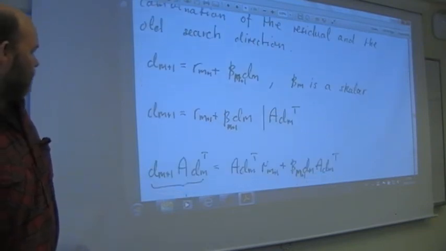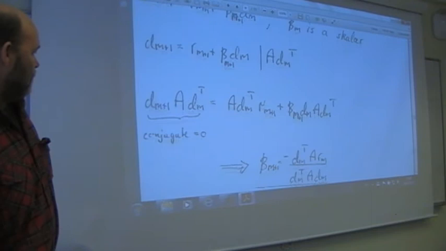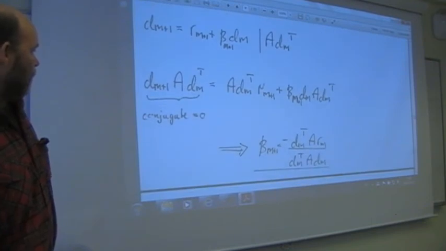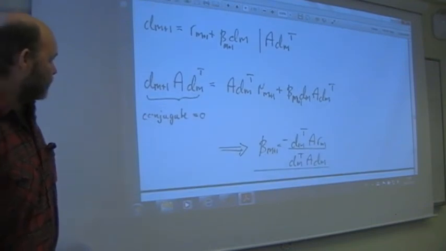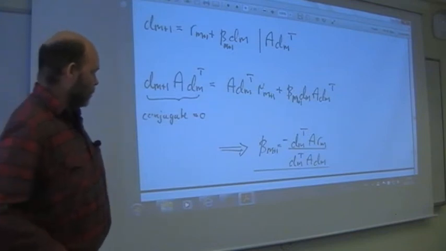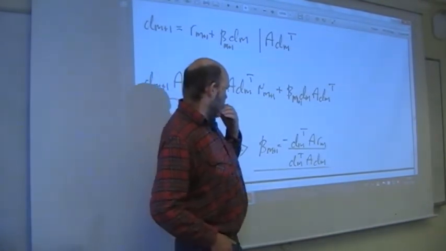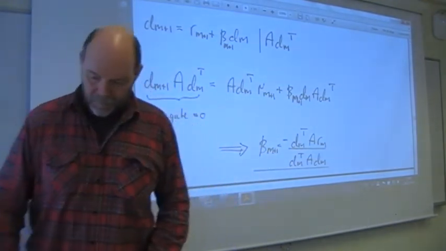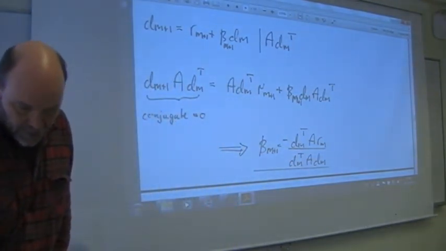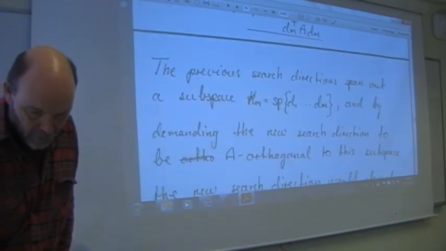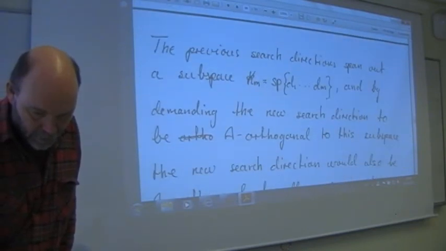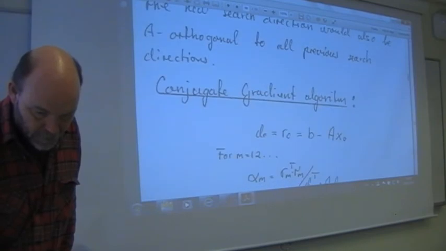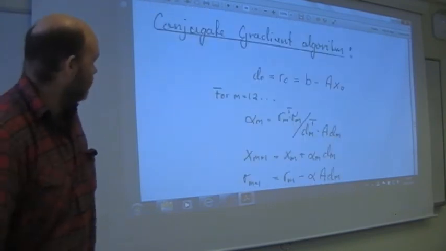Not so easy to see it here, but you have another route where you use this definition for the A-orthogonal directions, a new walking direction instead of the residual direction directly. And then the following algorithm can be seen.